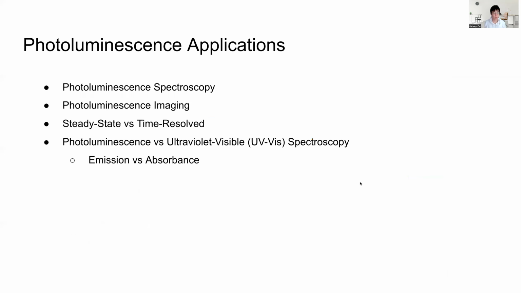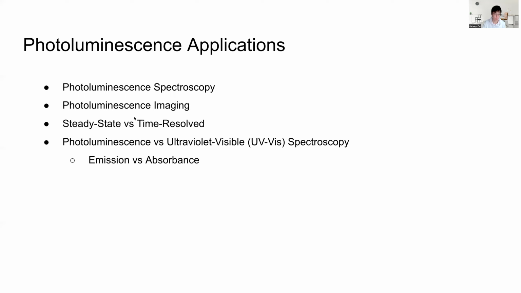So where can photoluminescence be applied? First, there are two main and more conventional applications. The first is spectroscopy, where the analysis is more quantitative, and we can derive a relation between the emission intensity and the wavelength.